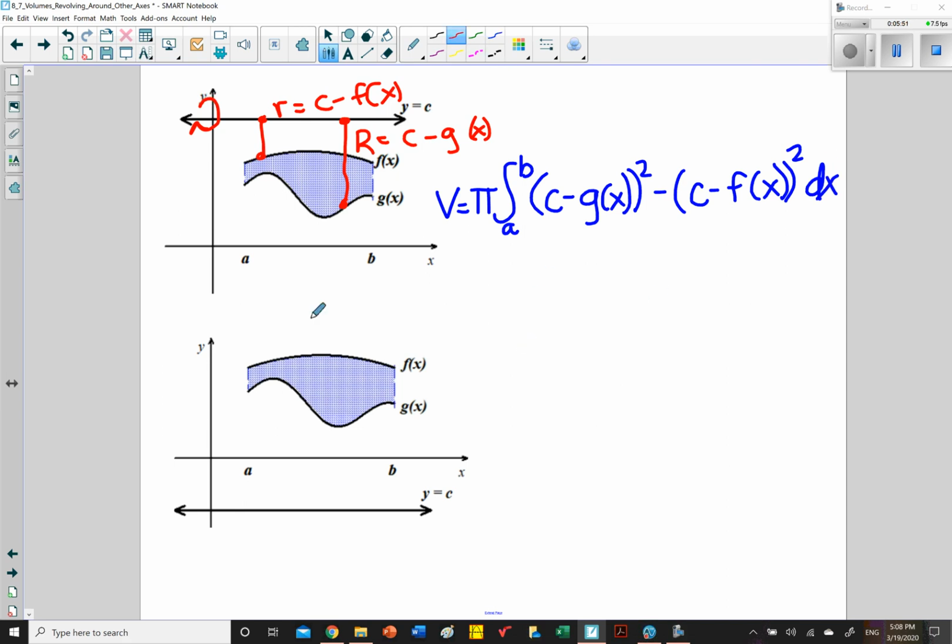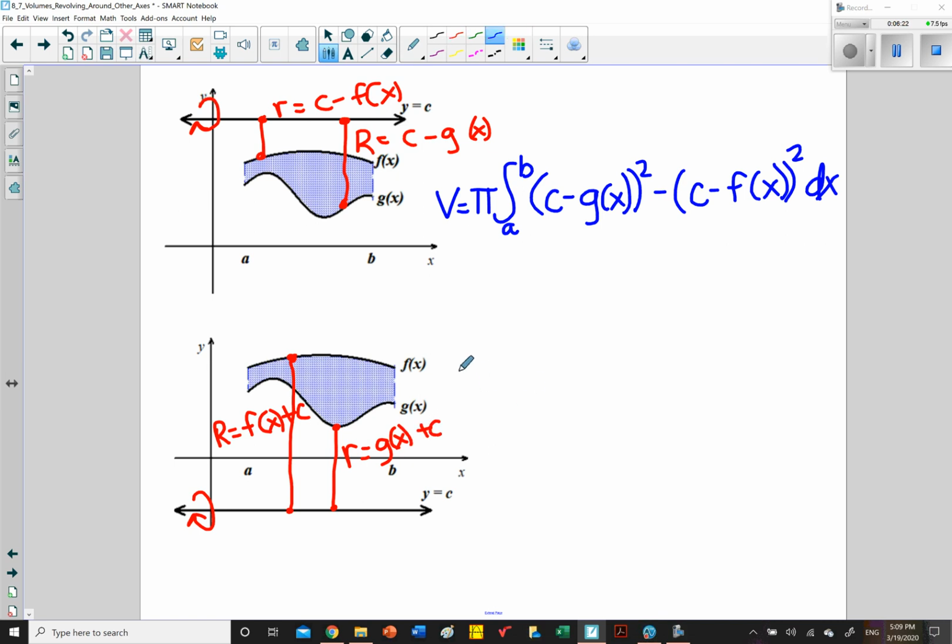And then our last one, we've covered every possible combination of horizontal axes. So capital R would be the furthest down to our axis of rotation. Capital R is f of x minus a negative c, so we would add, and lowercase r, or baby r, is g of x minus a negative c.